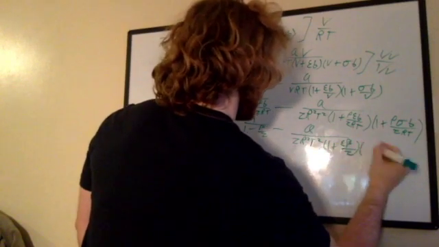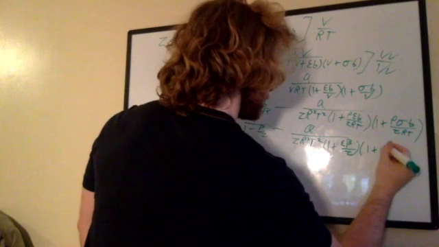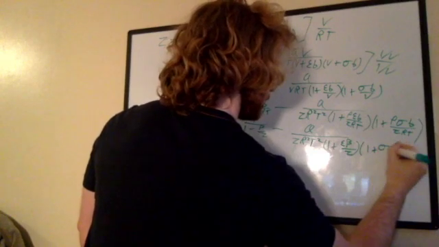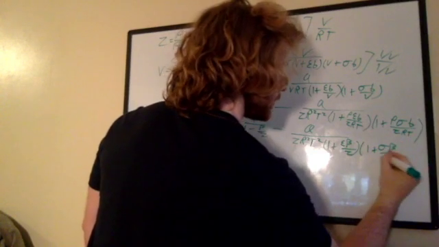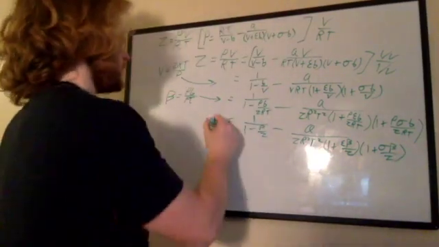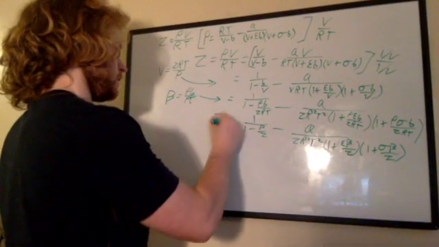That's going to be multiplied by 1 plus sigma beta over z. There we go. And that is all equal to z.